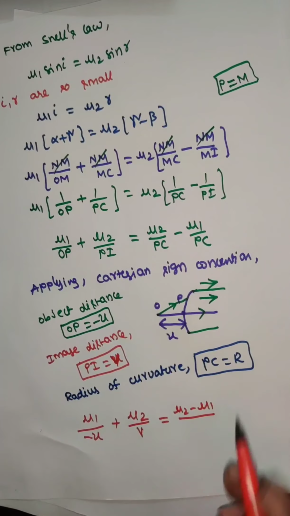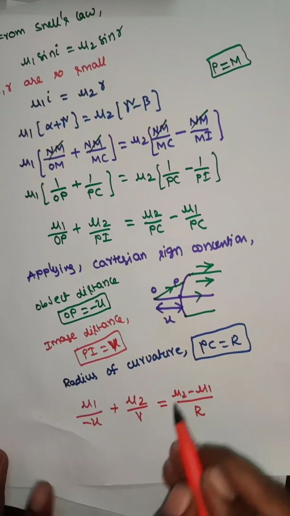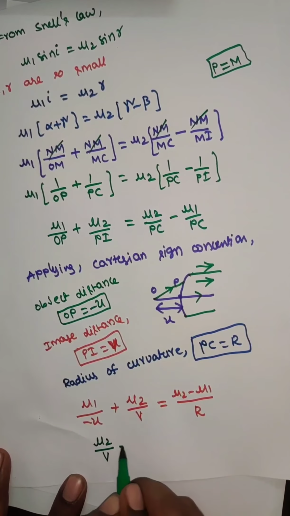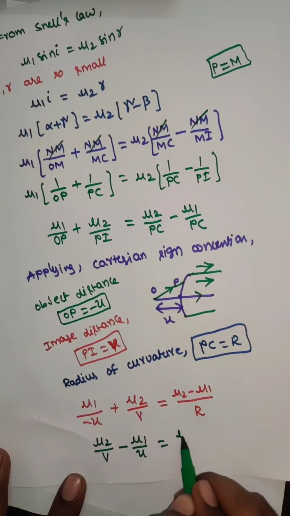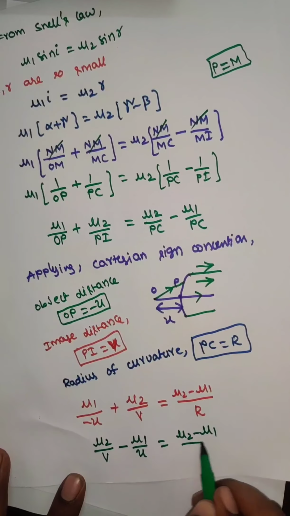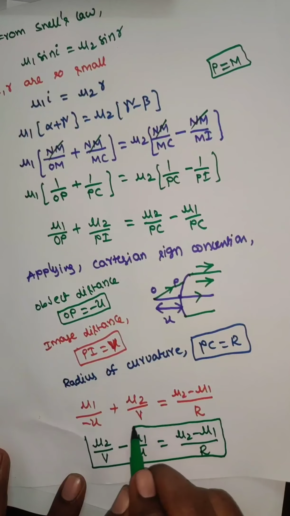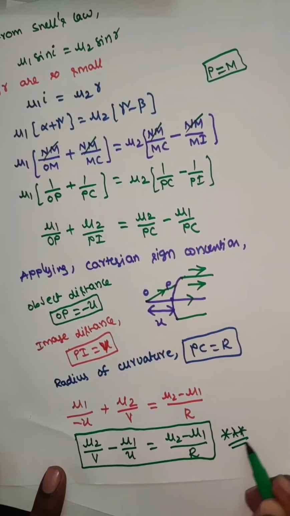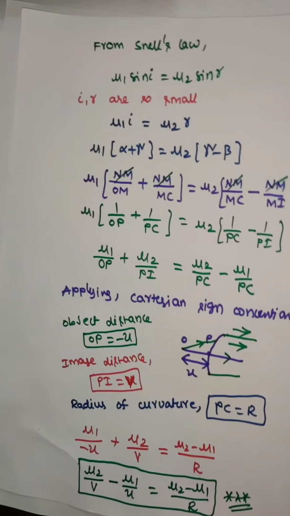We know the radius of curvature is R. So if we rearrange, we can write mu2 by v minus mu1 by u is equal to mu2 minus mu1 divided by r. This is a very important relation for objective questions and even in board exam preparation.